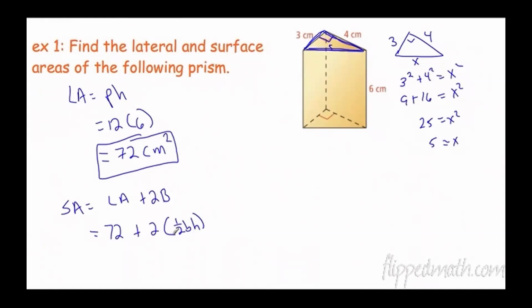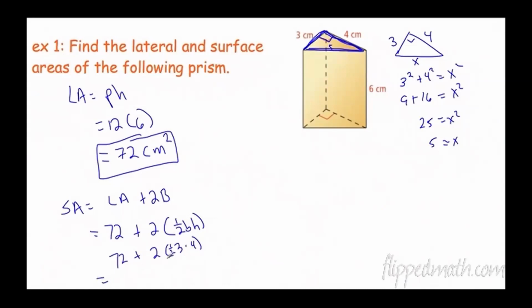Now I'm looking at that base, and this triangle formula has base times height. Remember, our base and height are perpendicular in triangles, so the base here would be 3, so this is going to be 2 times 1/2 times 3 times 4, all right, plus 72.